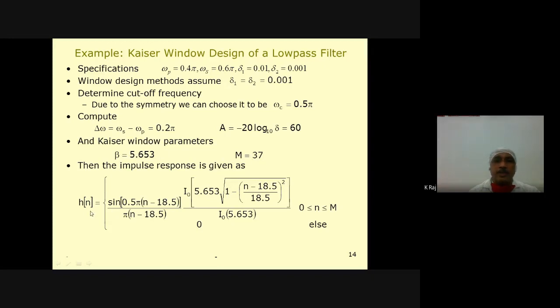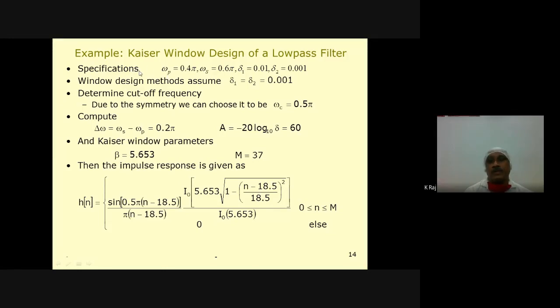Then we determine the impulse response of the filter. So, to design an FIR low pass filter using the Kaiser window, we calculate A, beta, M, and finally h(n). On the basis of h(n), we describe the frequency response of the filter. So we are just starting the design of the filter using the specifications.